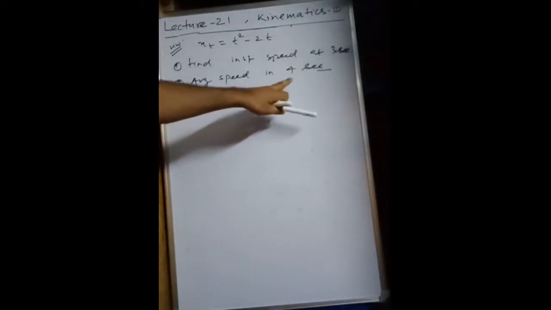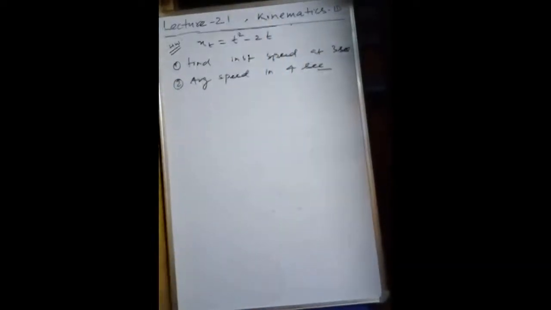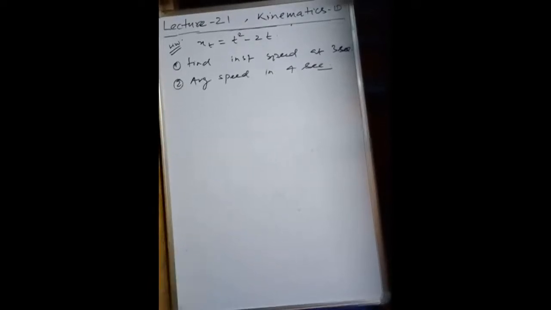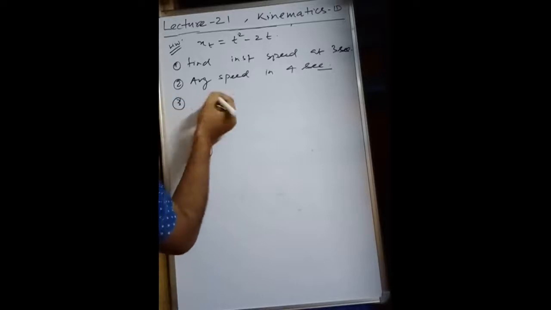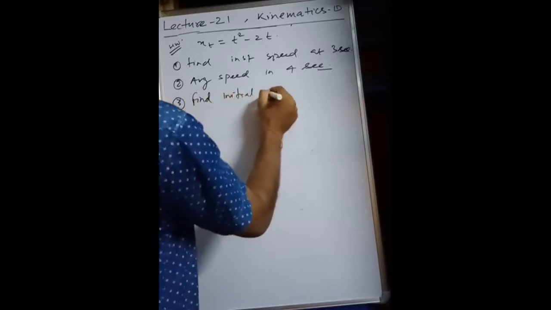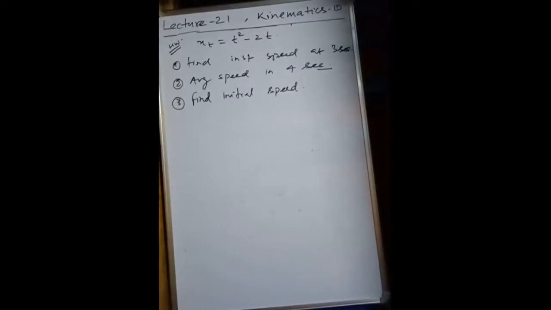Average speed in 4 seconds. Remember, the same concept you will use that I have taught you right now. And the third one is to find the initial speed. Initial speed.